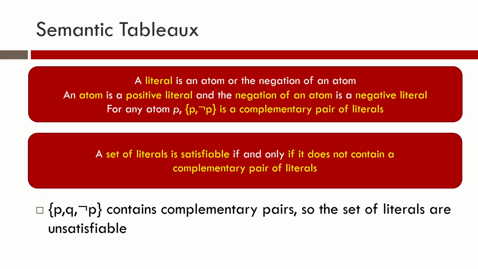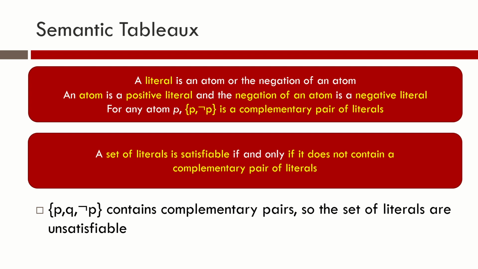Before we move on to the algorithm, you should know what a literal is and what a complementary pair of literals is. A literal is an atom or the negation of an atom. So P is a literal. Negation Q is a literal. An atom is a positive literal and the negation of an atom is a negative literal.